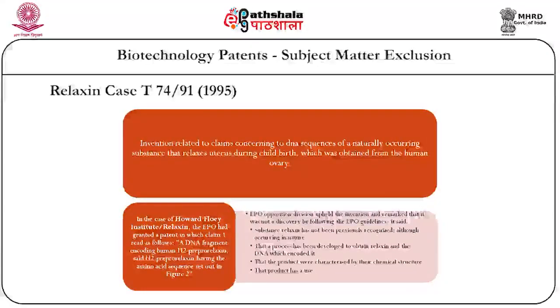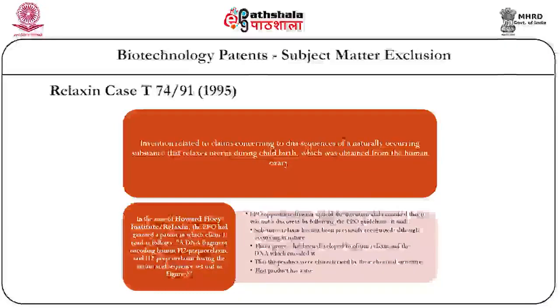Now, the EPO granted a patent in which claim 1 of the particular patent application read as follows: a DNA fragment encoding human H2 preprorelaxin and H2 preprorelaxin having the amino acid sequence set out in a particular figure that is appended with the patent application.